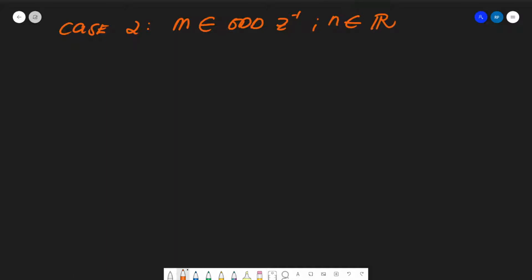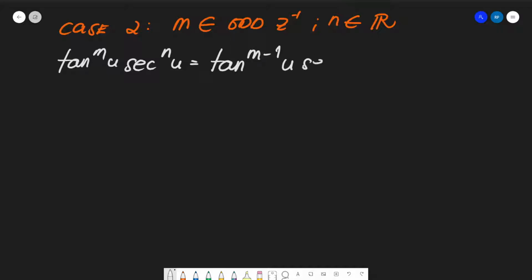So, from our form, yung tangent raised to mu, secant raised to nu, kapag ganito daw yung case, magbabawas tayo ng tig-isa, or maglalabas tayo ng tig-isa. Tangent raised to m minus 1 u, secant raised to n minus 1 u, secant u tangent u du. Medyo mahaba yung ating integral.